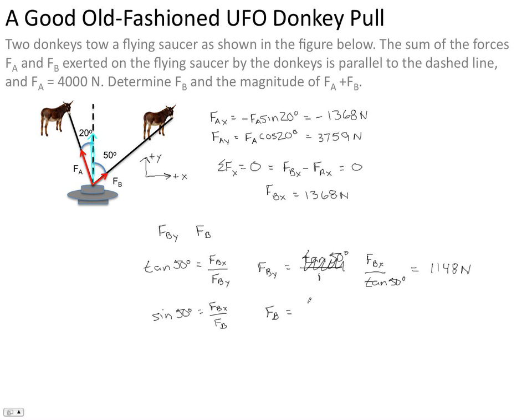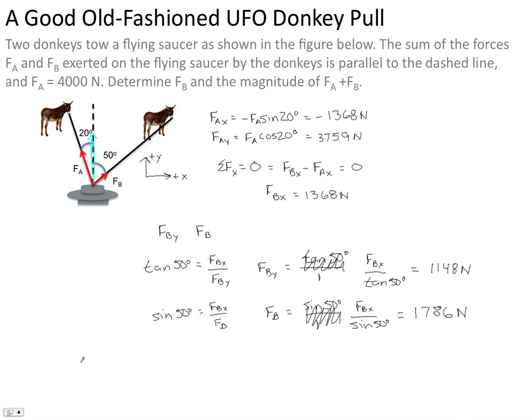So Fb will equal, doing the algebra, Fbx divided by sine 50 degrees, which is equal to 1,786 newtons. Okay, we're almost finished. This is one of the things we're asked to find, the magnitude of B, 1,786 newtons.